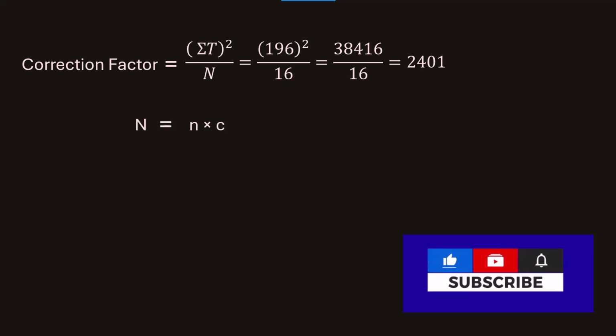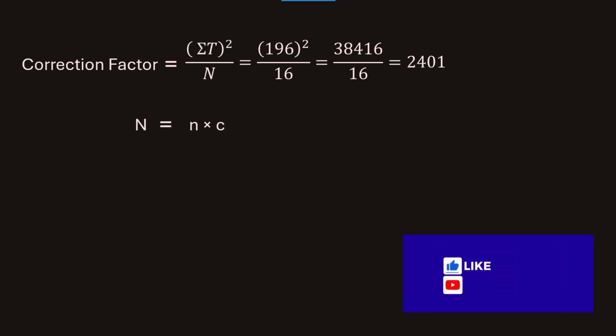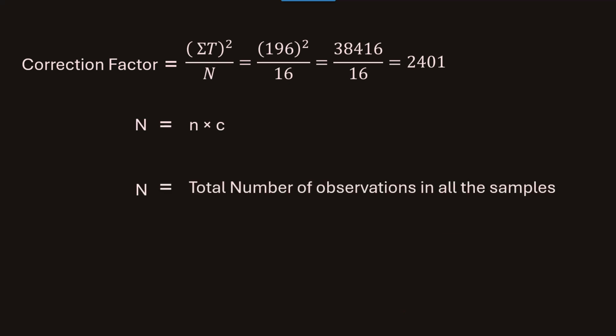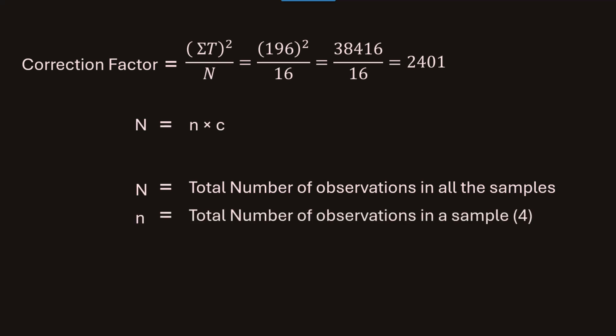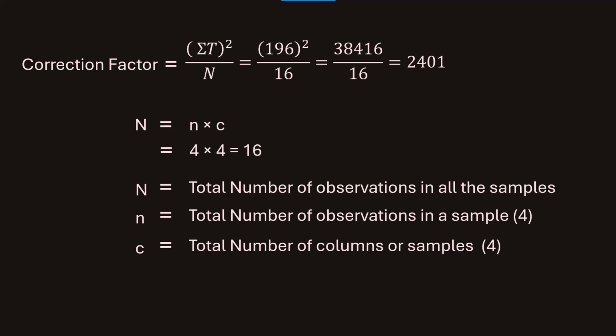Capital N equal to small n times C, where capital N is the total number of observations in all the samples put together. Small n is the number of observations in a sample. C is the number of columns, that is the number of samples. In our case, small n is 4, C is 4. So 4 times 4, 16.